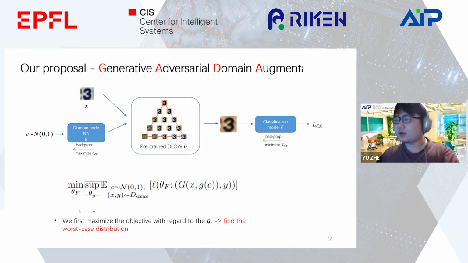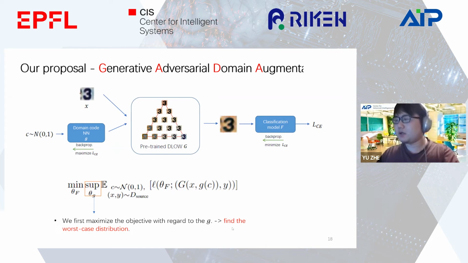Basically, we want to solve the following min-max optimization problem. To solve it, we alternately do the inner maximization and the outer minimization. We first maximize the objective with regard to the small g.